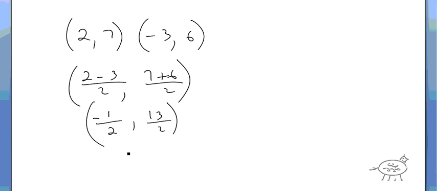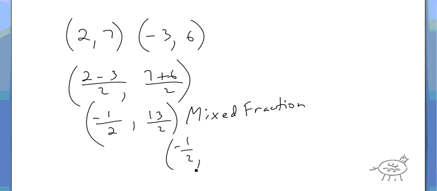Now the only thing I want you guys to do, and it's a lot easier when you're trying to plot a point, is you want to give me a mixed fraction. So, of course, the negative 1/2 stays the way it is, and 13 halves, you can even divide it in your calculator, 13 divided by 2, and I think your calculator might give you 6.5.